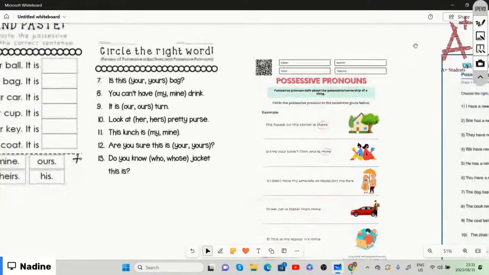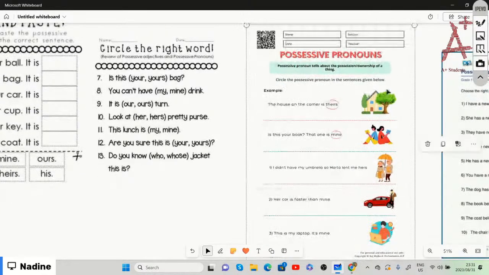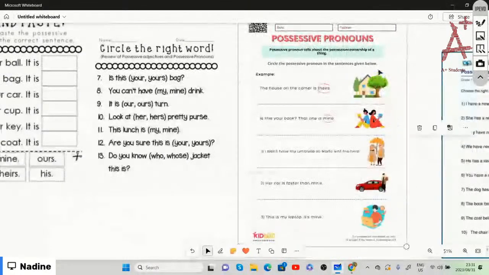All right. So now we're going on to the next activity, where it says that possessive pronouns tell the ownership. Remember, ownership means that either you own something or you have something, right? And that is why we say yours, mine, ours, theirs, hers, and so on.